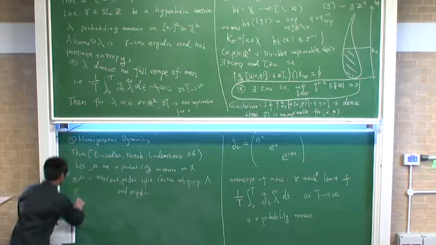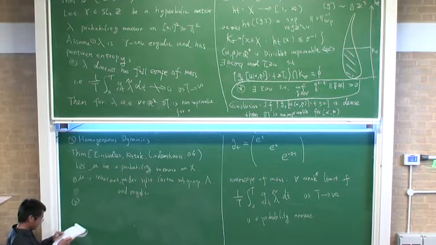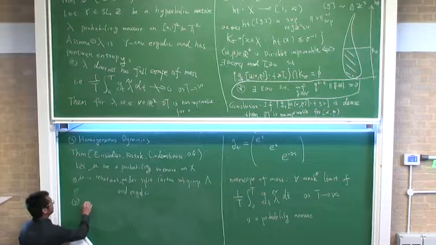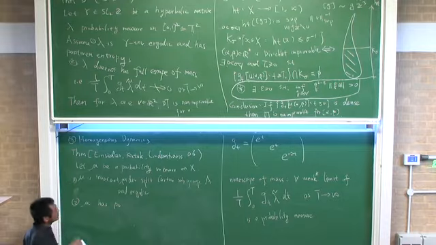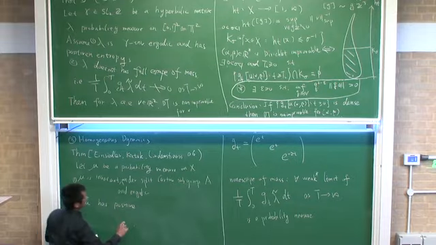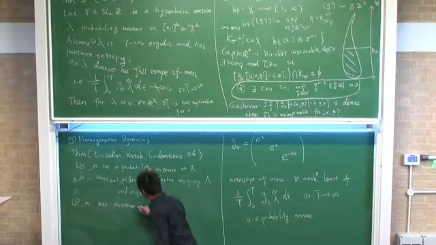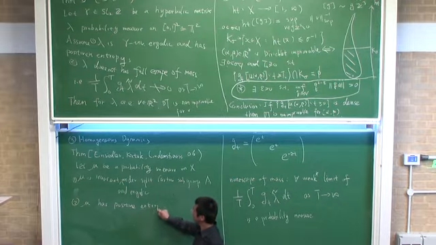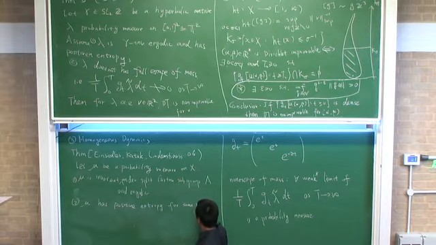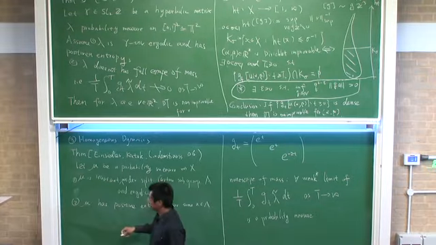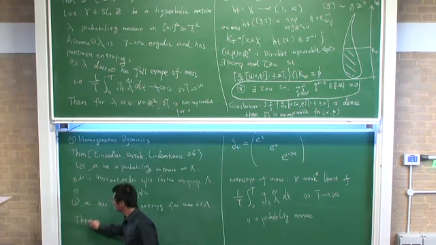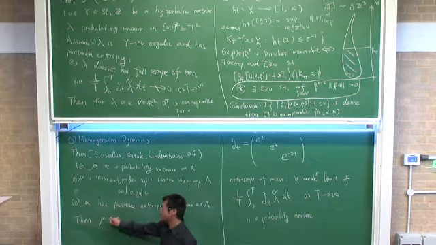The second assumption is that mu has positive entropy for some element in A. Then the conclusion is that the only possibility for mu is the Haar probability measure on X.